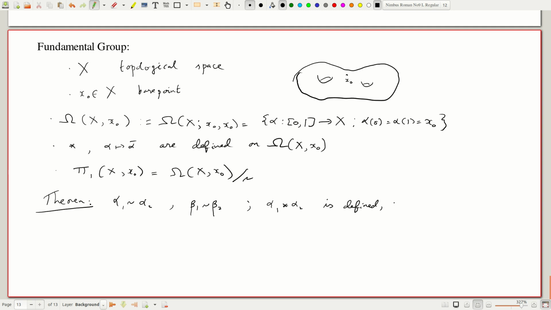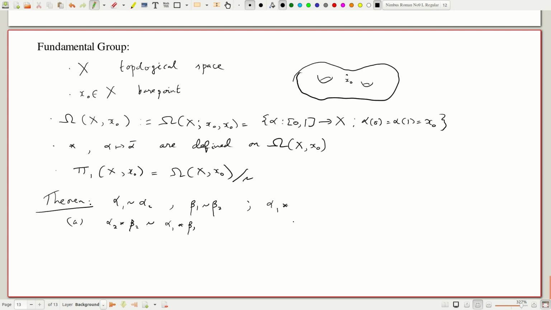Okay, and suppose we know that alpha 1 star beta 1 is defined. So that means that alpha 1 of 1 is beta 1 of 0. So we can define these two. Okay, so then what we claim is that alpha 2 star beta 2 is homotopic to alpha 1 star beta 1. Oh, I'm sorry, here I need alpha 1 star beta 1. Okay, let's correct this. Alpha 1 is homotopic to alpha 2.